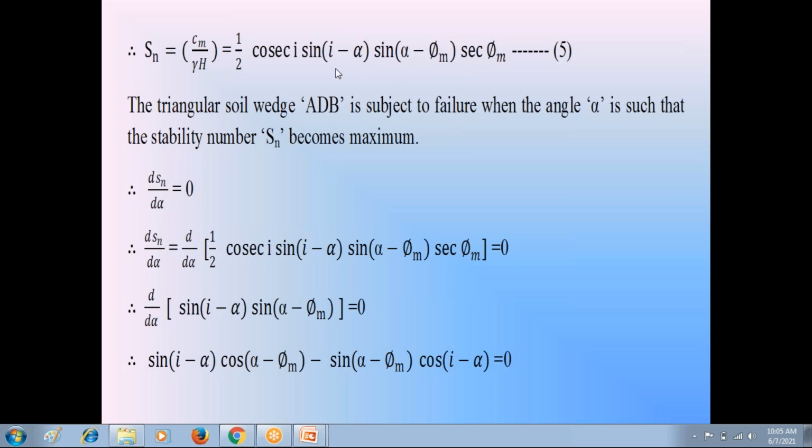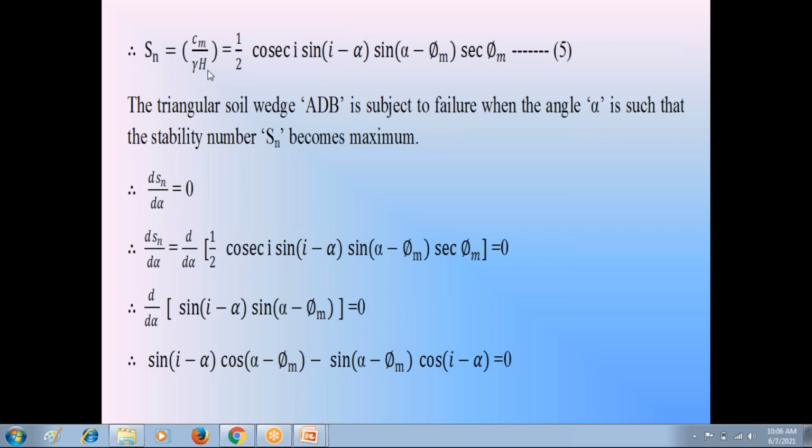So if you check this equation, the stability number Cm by gamma h is equal to half into cosecant I, which is constant, and sine I minus alpha into sine alpha minus phi m, which is also constant. So check this equation 5, dear students. In equation 5, Sn is equal to Cm by gamma h.